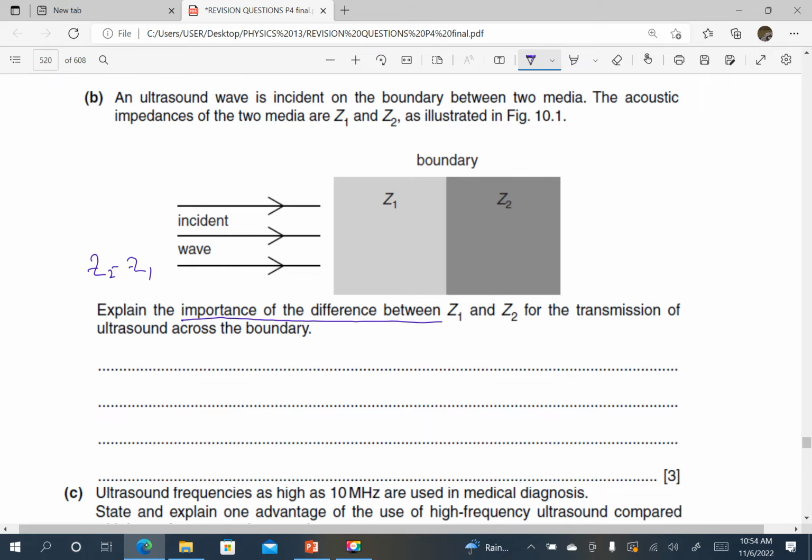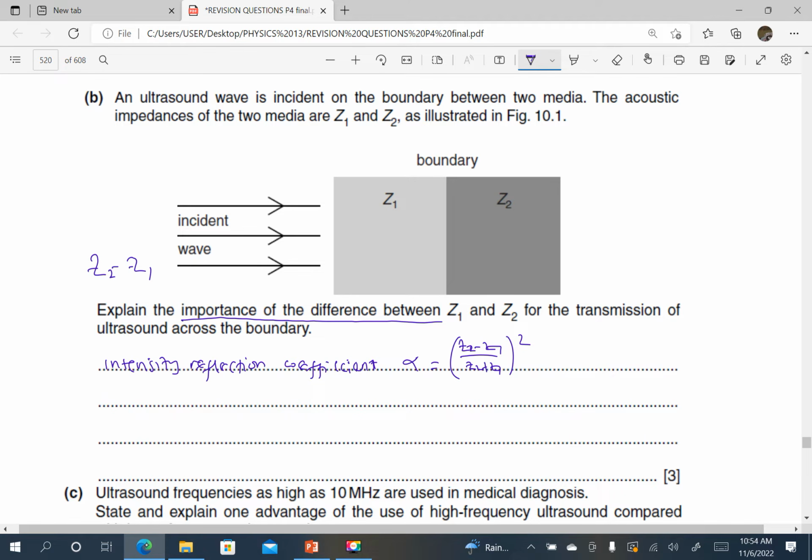So we say that the intensity reflection coefficient alpha is given by Z2 minus Z1 over Z2 plus Z1, and this is squared.